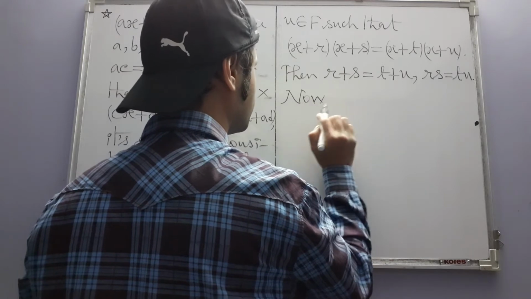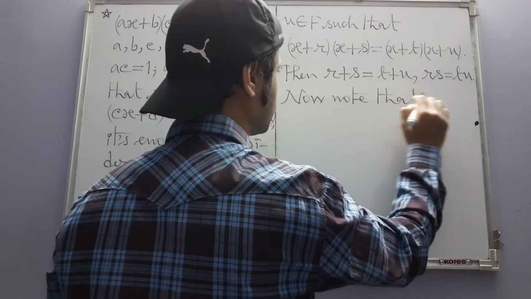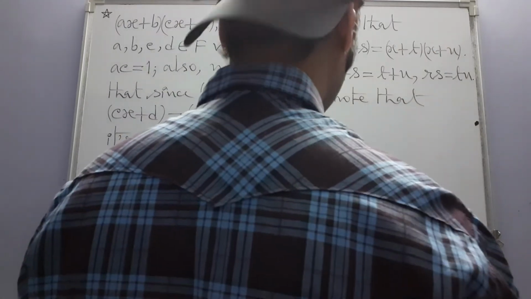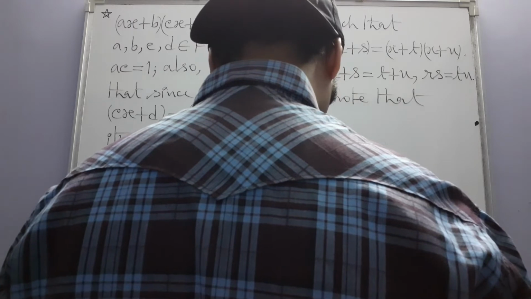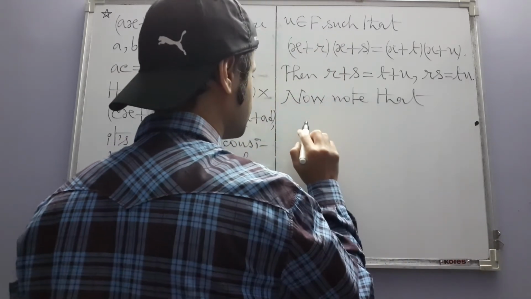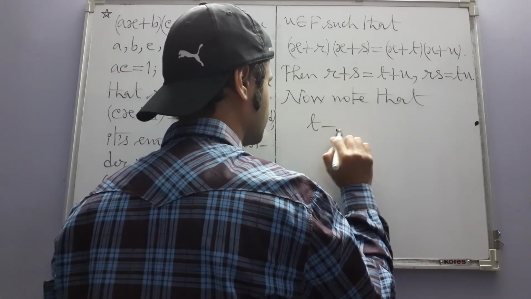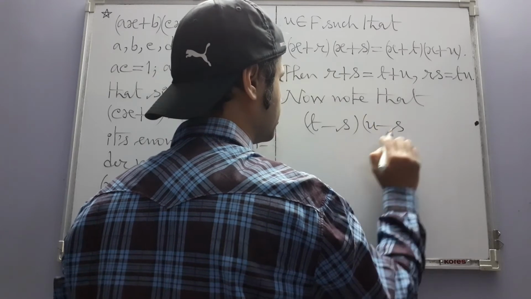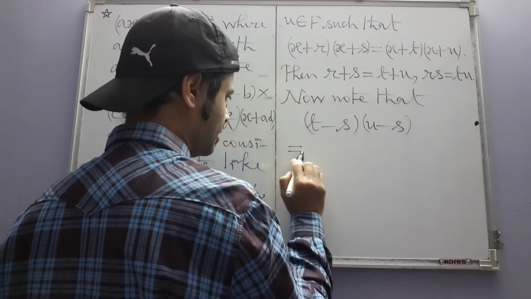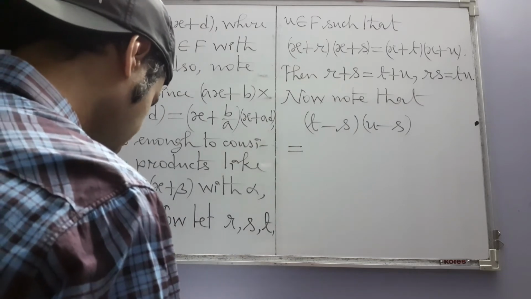Now note that I did this calculation at once. T minus S times U minus S. Let me do it like this: T minus S times U minus S. It's difficult to see why suddenly this product is being considered, but we will see.